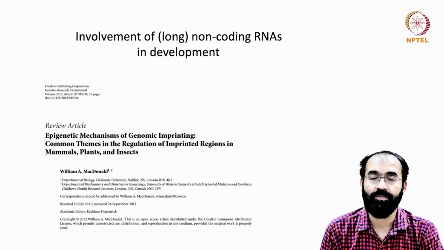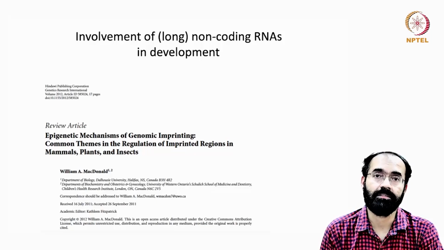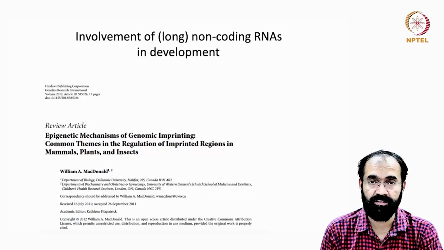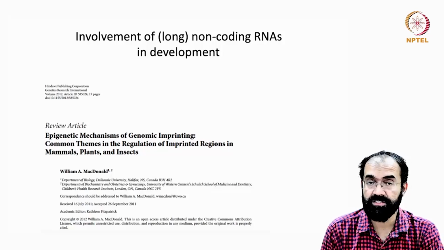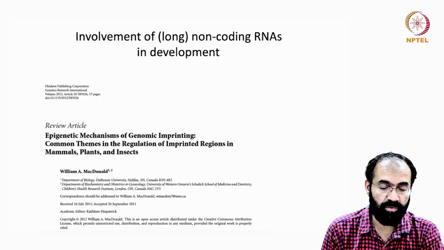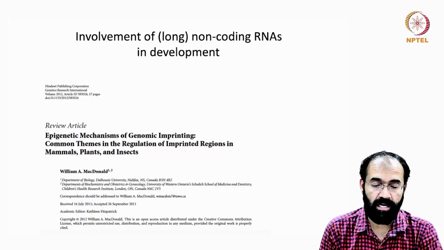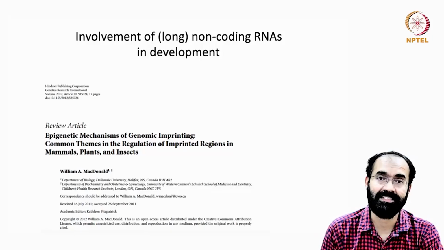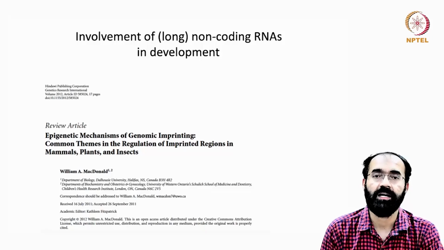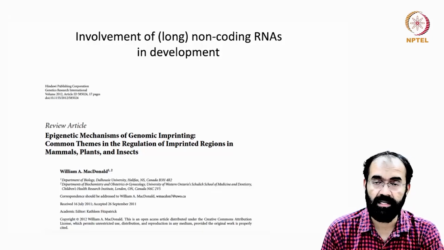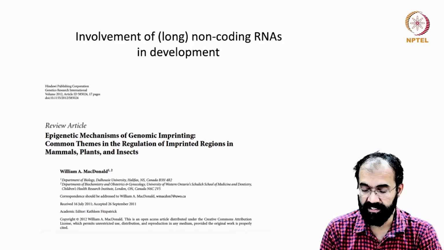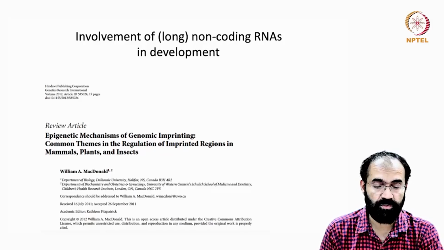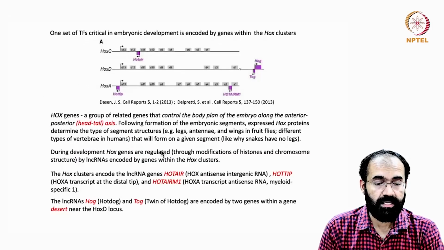It is well described and loaded with information, and it will be quite useful because it also covers a lot of model organisms: mammals, plants, insects, etc. So it is a quite informative review article, which is why I'm putting the reference here. It would be quite useful to go through it.